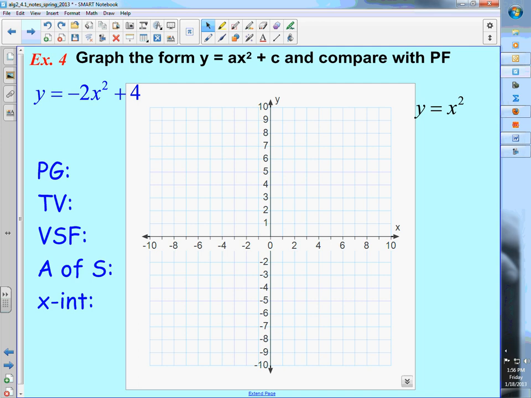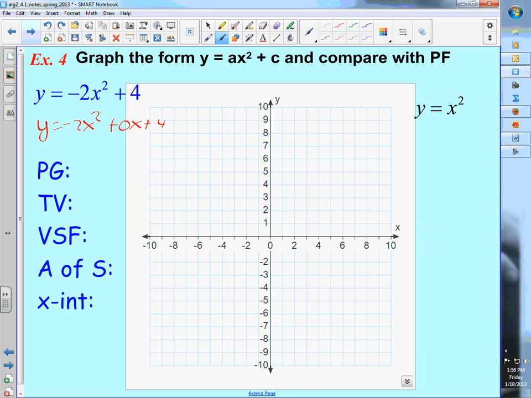Other people visualize this as being in standard form. In standard form, you'd have to have the b term in there also. You'd have to say y equals negative 2x squared plus how many x's? 0 plus 4. So that's A, B, and C.